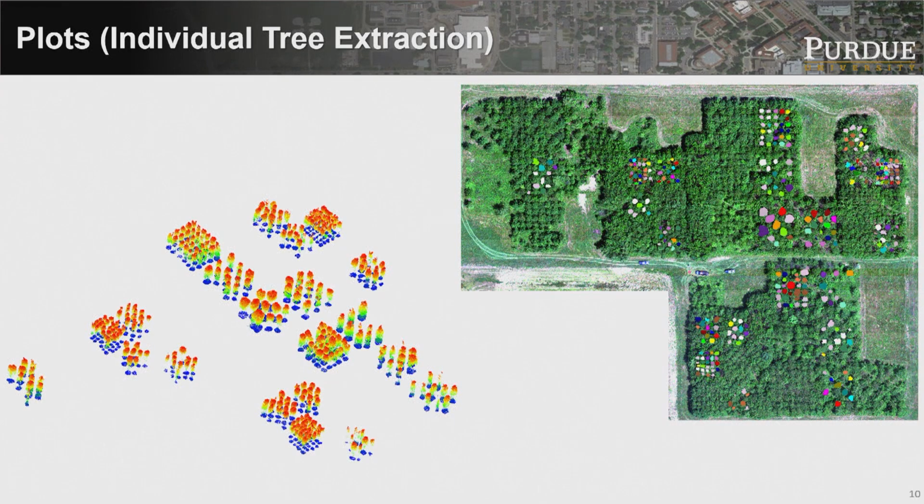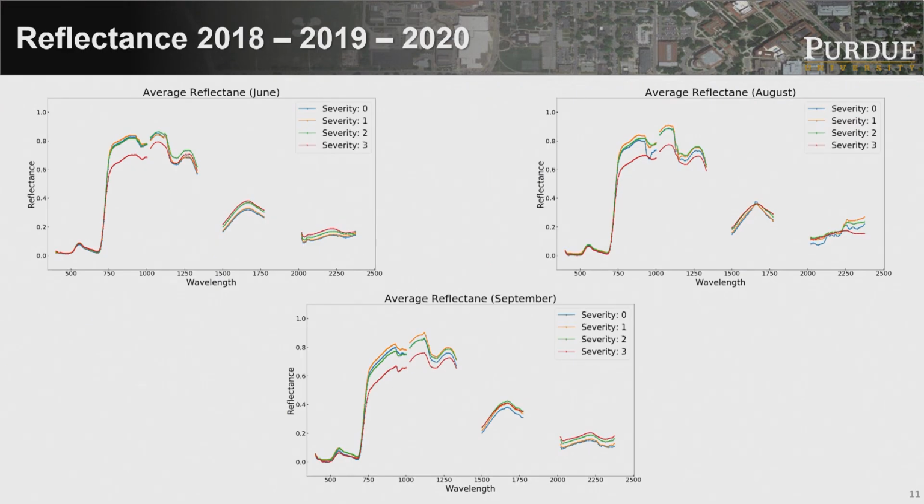So what we did is we went in and we extracted individual tree points using LiDAR, and we then captured full range spectral data using UAV in collaboration with Dr. Melba Crawford.